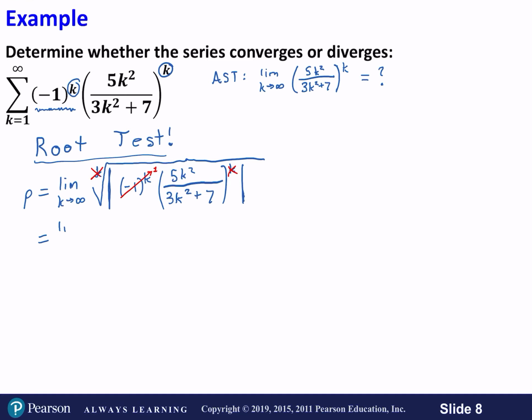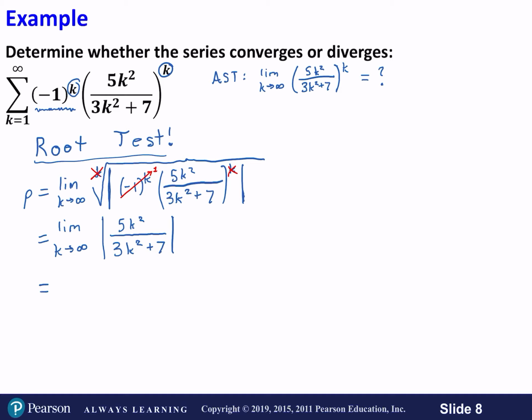This leaves us with the limit as k approaches infinity of the absolute value of 5k squared over 3k squared plus 7. At this point, I could drop the absolute value if I wanted to, because everything inside of the absolute value is now definitely positive, and it won't change the answer at all.